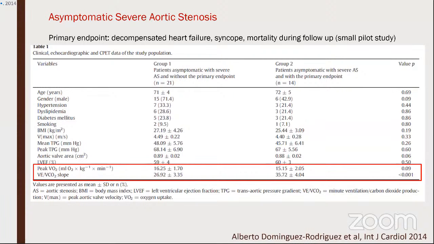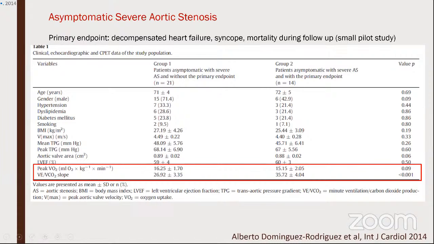The symptoms were either heart failure, syncope, or mortality. So this was group 2, or if they remained asymptomatic, they became group 1. They looked then at the previous demographics and tests, and the one really striking difference was exactly in the VE/VCO2 slope, which was strongly abnormal in the ones who became symptomatic.